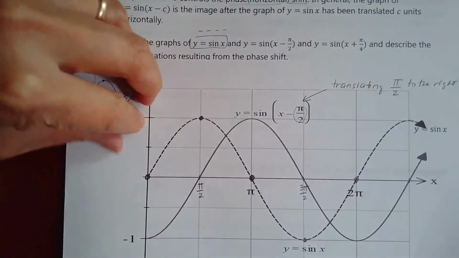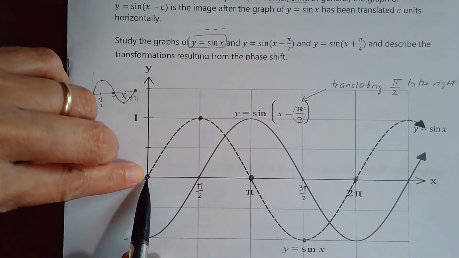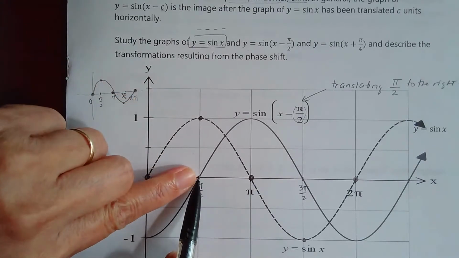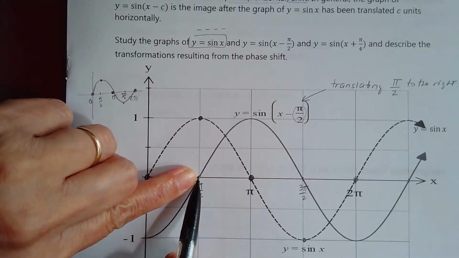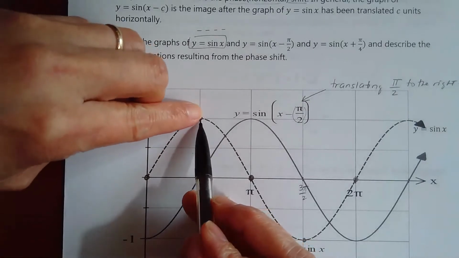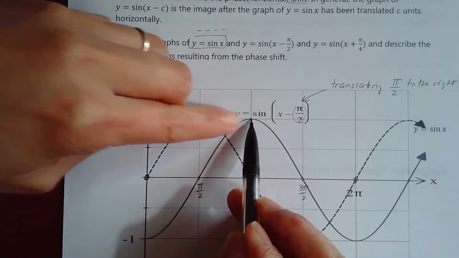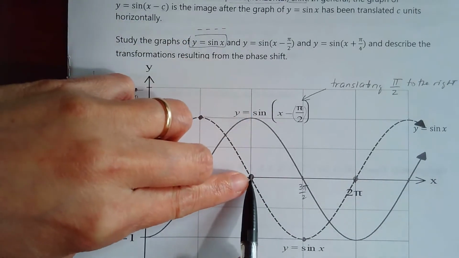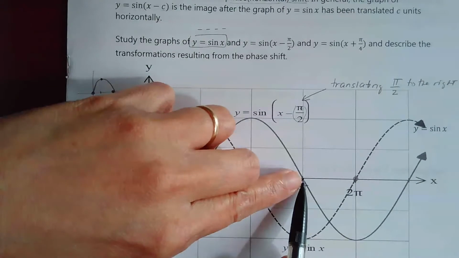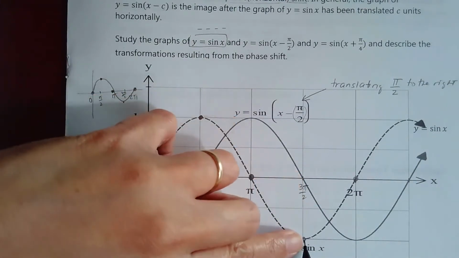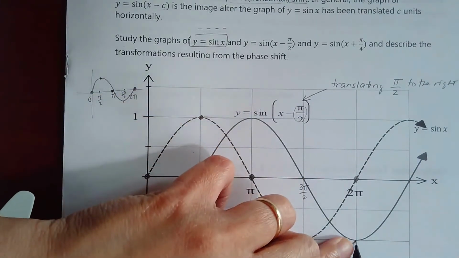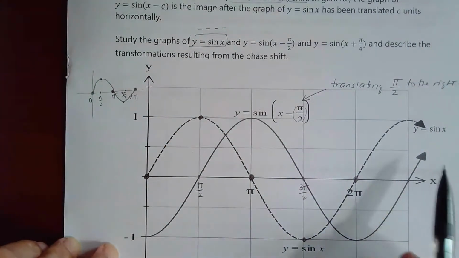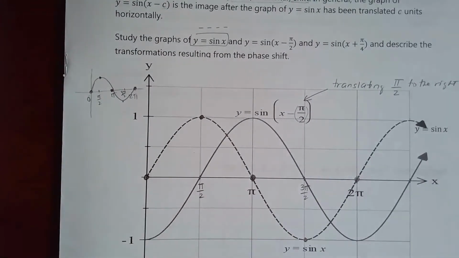Translating, every point in here got translated over by pi halves. This point, this point, this point, and this point all got translated pi halves. So every single point got translated by pi halves.